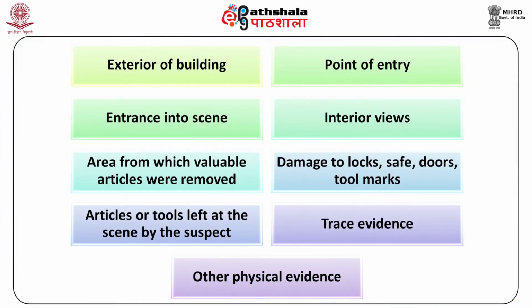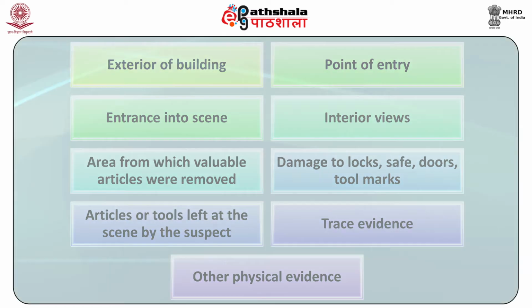In this, you should first photograph the exterior of the building, then the point of entry, then you should photograph the entrance into the scene, then the interior views, then you should photograph the areas from which valuable articles were removed, then you should photograph the damage to locks, safes, doors and the tool marks, then articles or tools left at the scene by the suspect. Then you should photograph the trace evidences, then the other physical evidences.